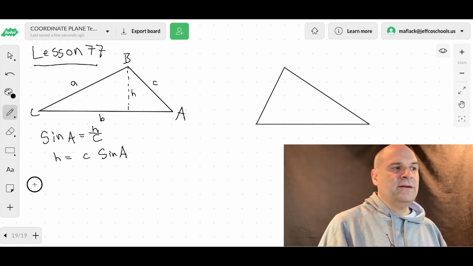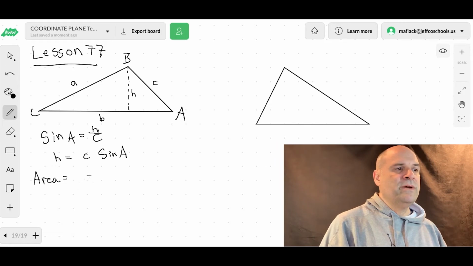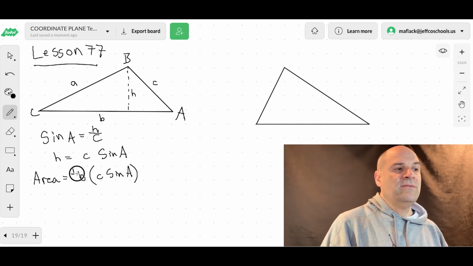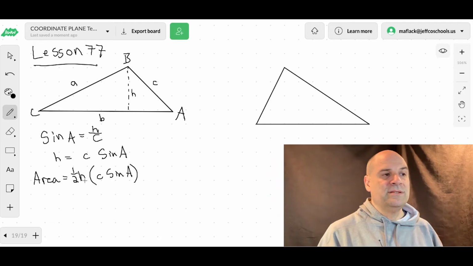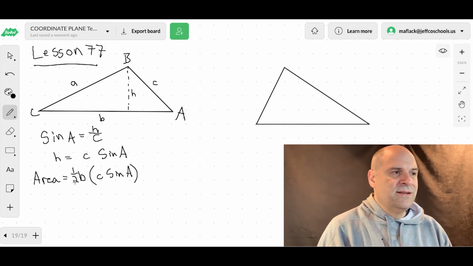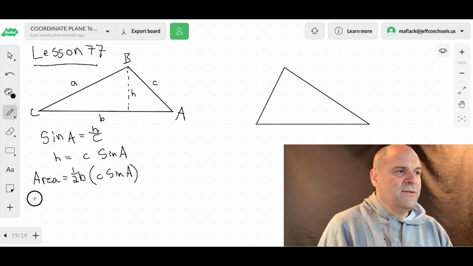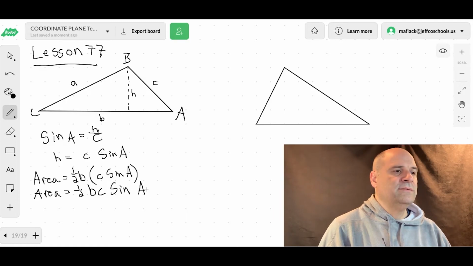So how do you find the area of the triangle? Area equals one half base times height. Well, our height is C times the sine of A. And since this is all multiplied, we're just going to write it without parentheses. So area equals 1/2 BC sine of A. Okay?